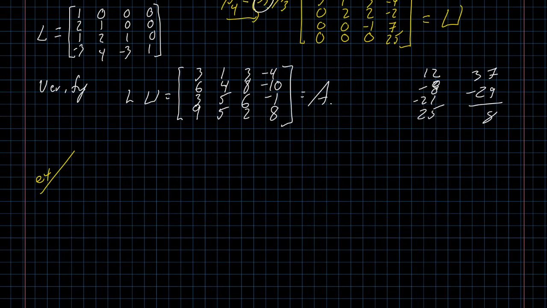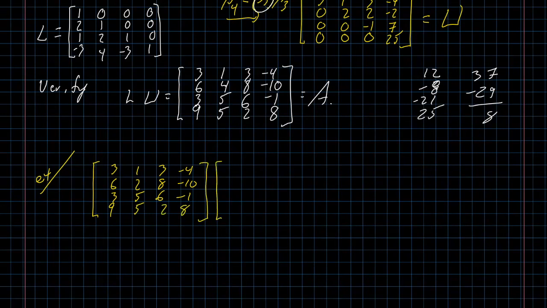All right, so let's say that I have a system of equations given by this matrix A we've been dealing with, times a column vector of variables, x1, x2, x3, x4.